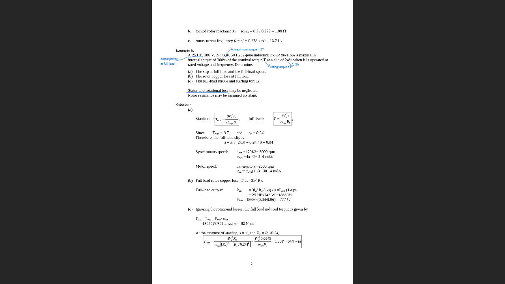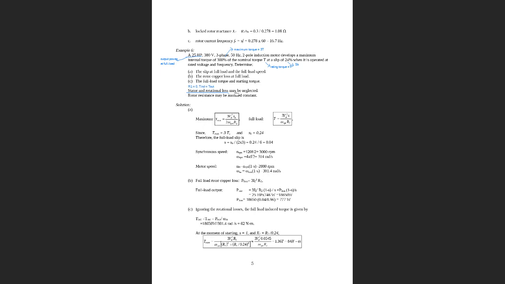Stator R1 is 0, and torque induced equals torque output. That's the meaning.